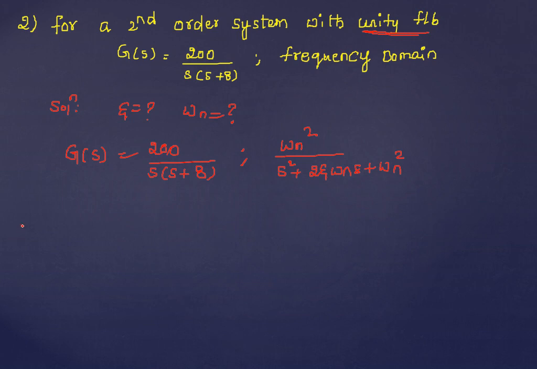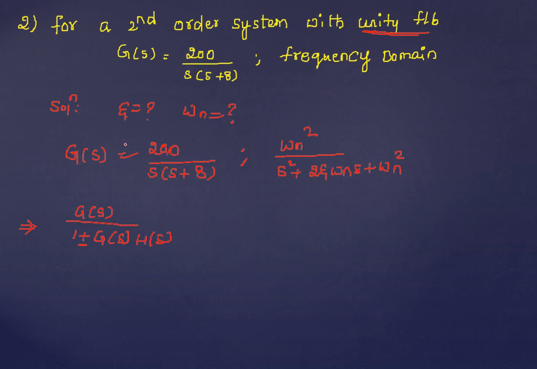So the closed loop transfer function is nothing but G of S by 1 plus G of S into H of S. Why am I taking the positive sign? Because it is a unity negative feedback system.